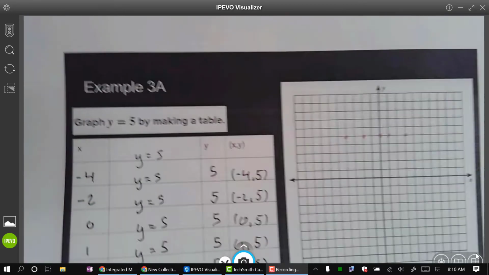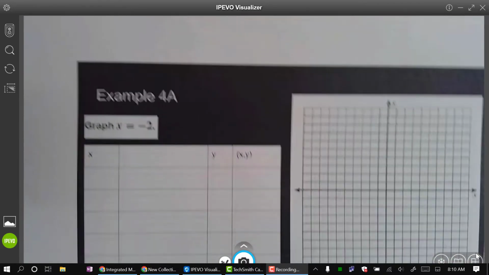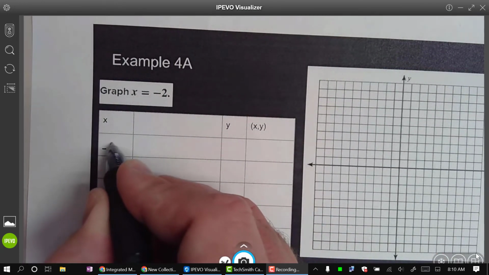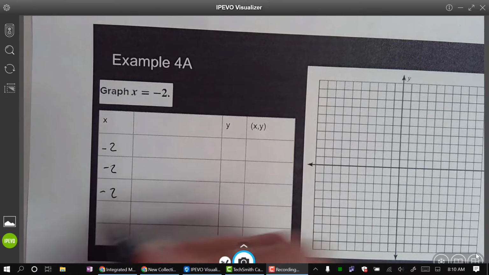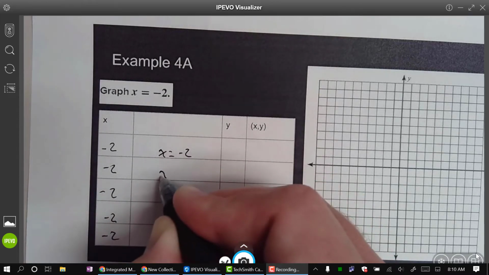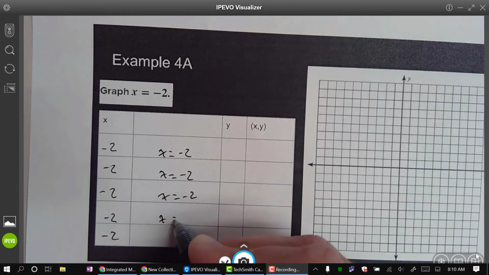Okay, what happens if it's only x equals a number? Well, same thing. It doesn't matter what my y values are. My x is always going to be negative 2. So I can pick any y values, and x is always going to be negative 2.